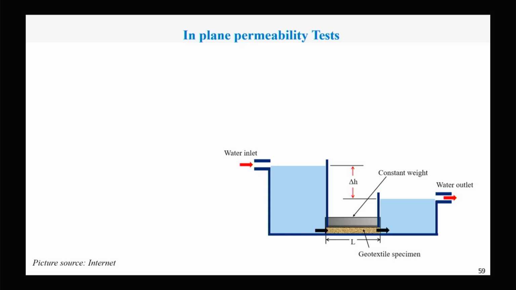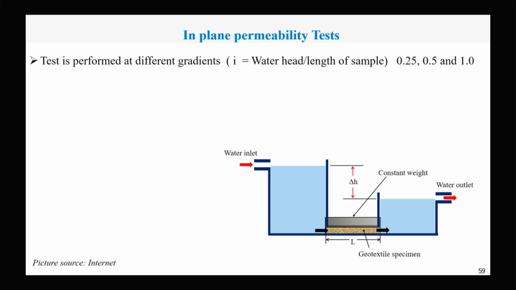The next method is in plane permeability, which is used basically for drainage application. Here the gradient ratio is the water height difference, delta H, divided by length.